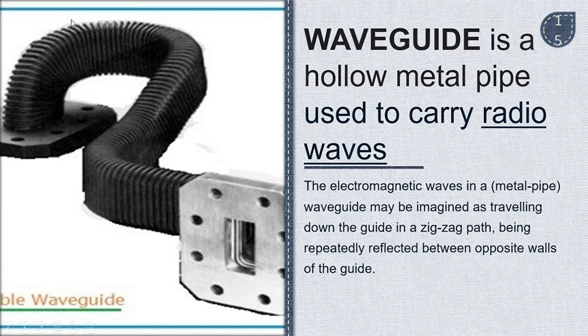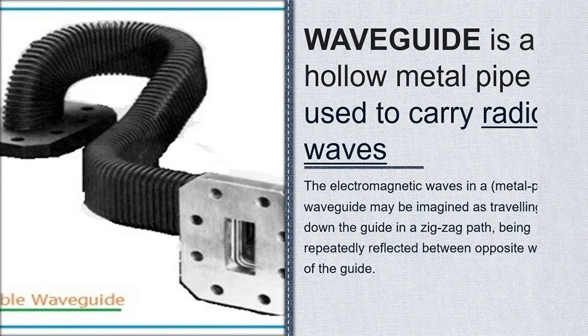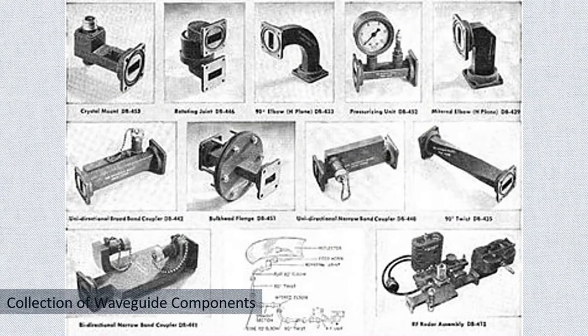A waveguide is a hollow metal pipe used to carry radio waves. The electromagnetic waves in a metal pipe waveguide may be imagined as traveling down the guide in a zigzag path, being repeatedly reflected between opposite walls of the guide. It can be rectangular or circular, made of brass, copper, or aluminum. So these are the collection of waveguide components.